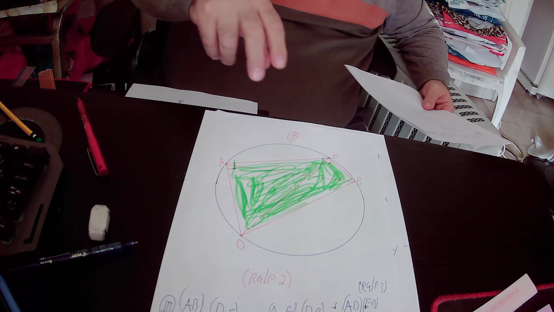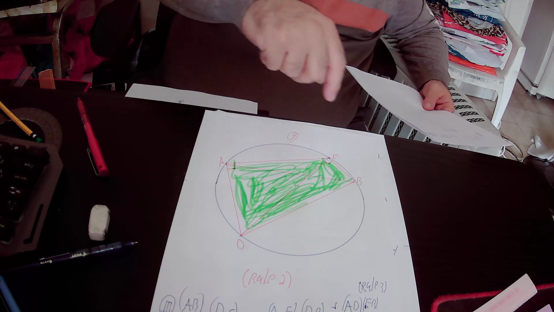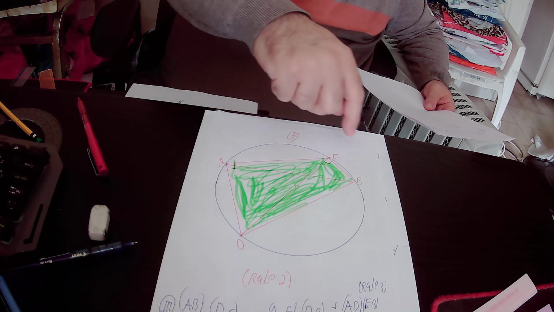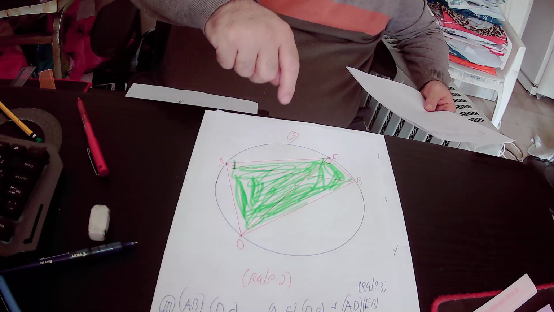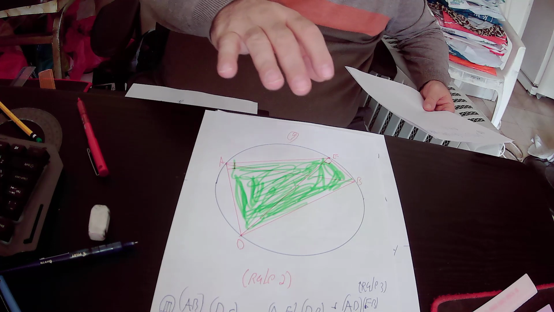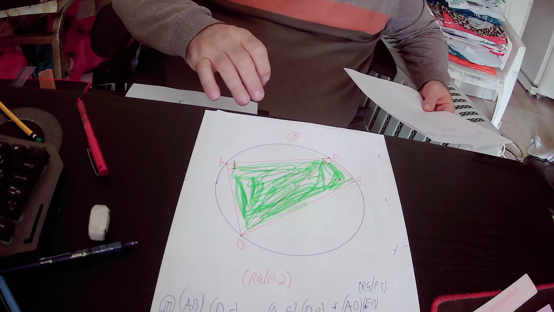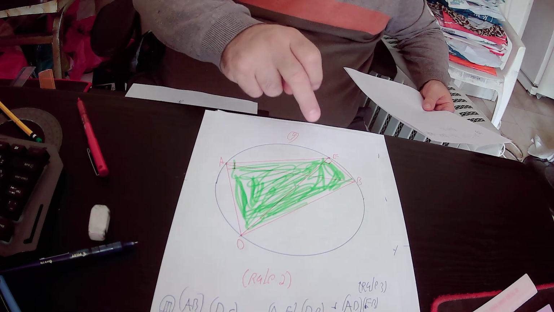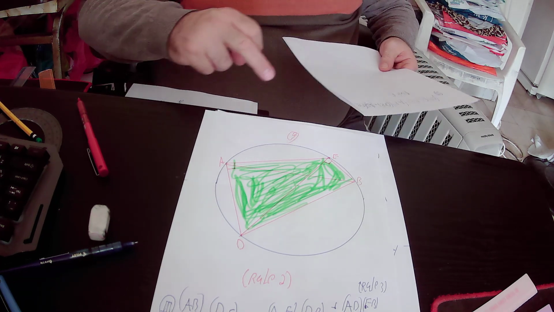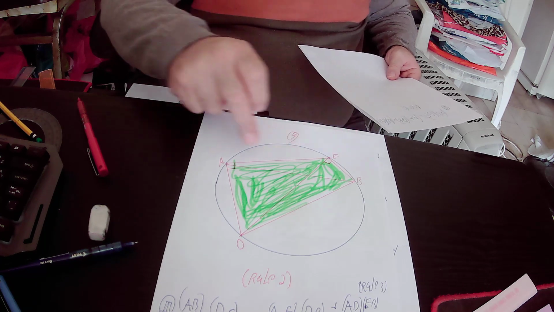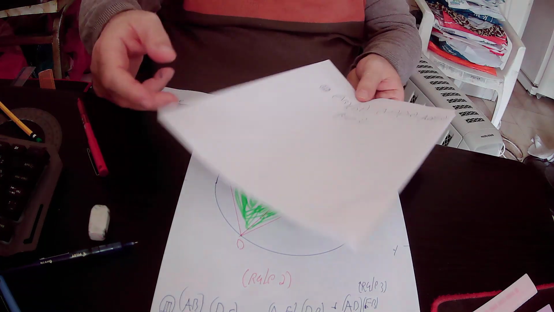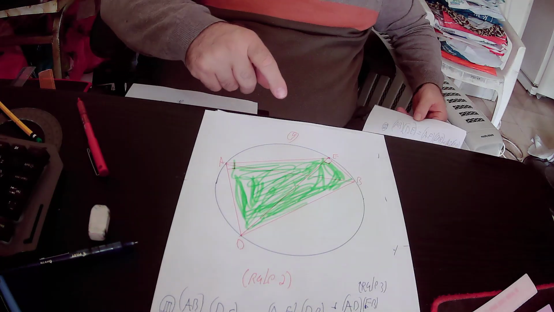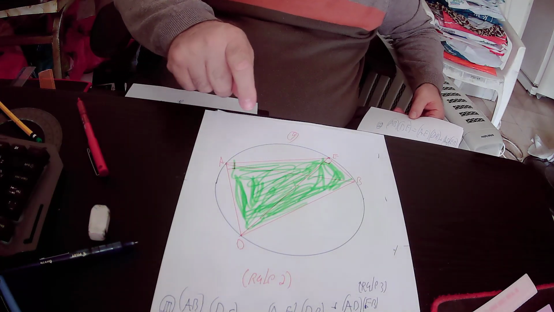We have the green quadrilateral that is inscribed by this blue circle. Therefore, we can implement rule number 3 in this drawing. According to rule number 3, the product of quadrilateral AEBD's diagonals is AB times DE. This product of its diagonals equals the sum of the products of its opposite sides.